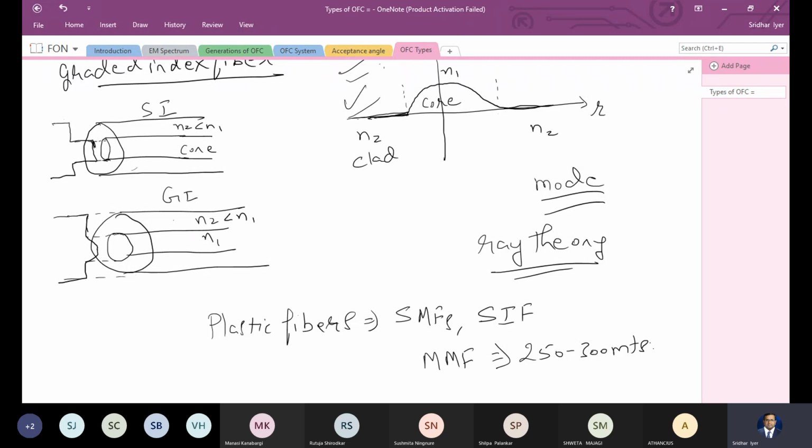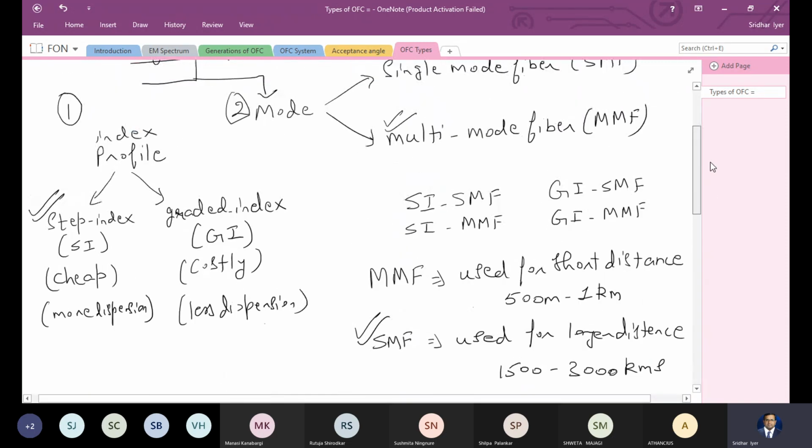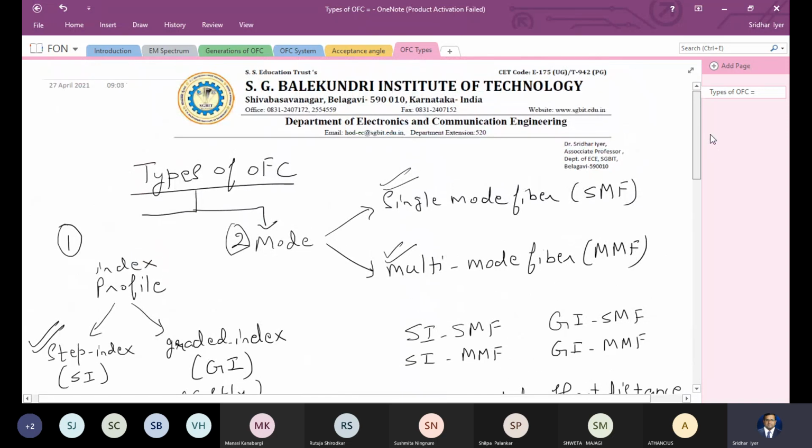Okay. So in the next lecture, we'll discuss what is a mode and how the modes can be helpful for us in terms of defining the single mode fiber and the multi-mode fiber.